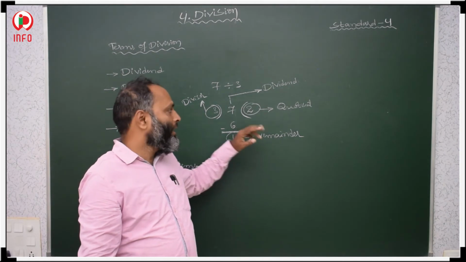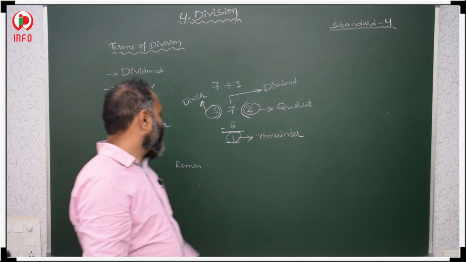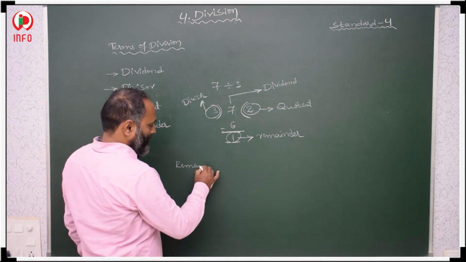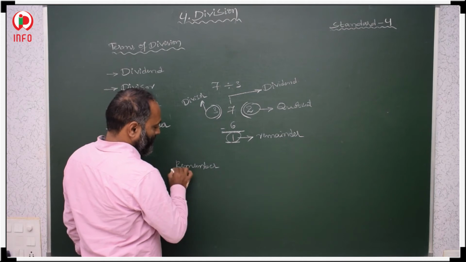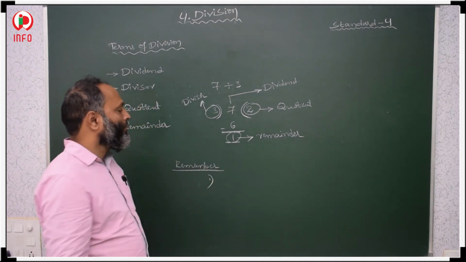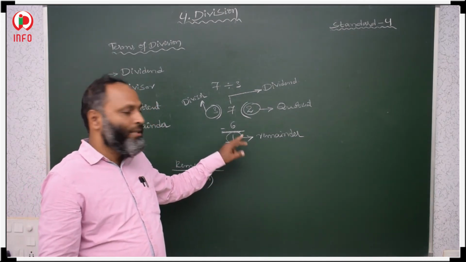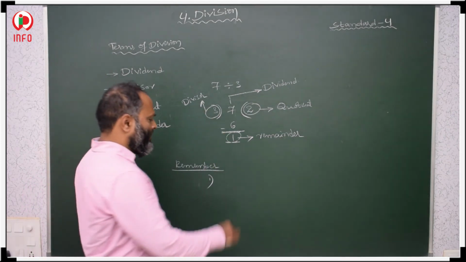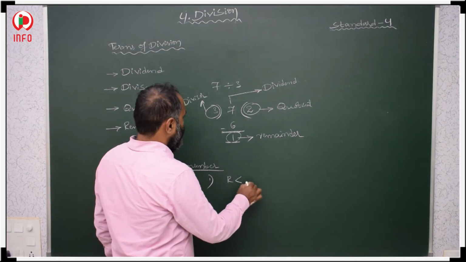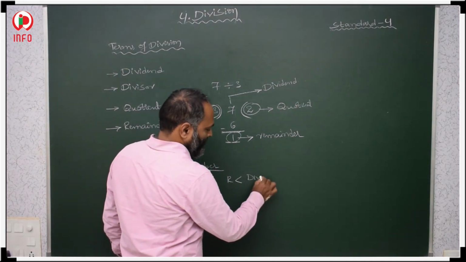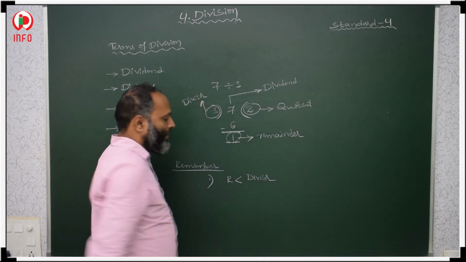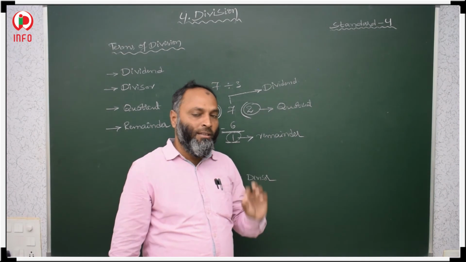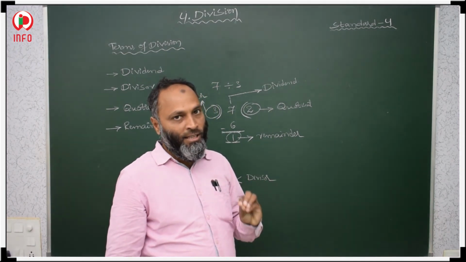So we have to remember a few things. The first thing: the remainder is always less than the divisor.